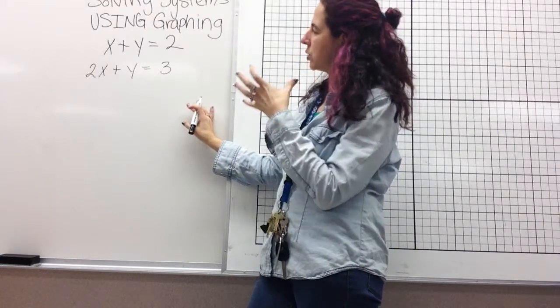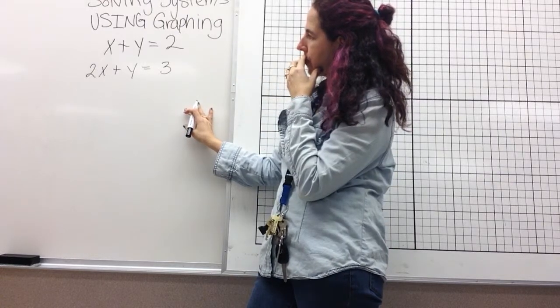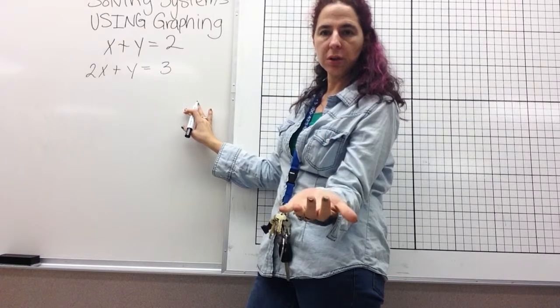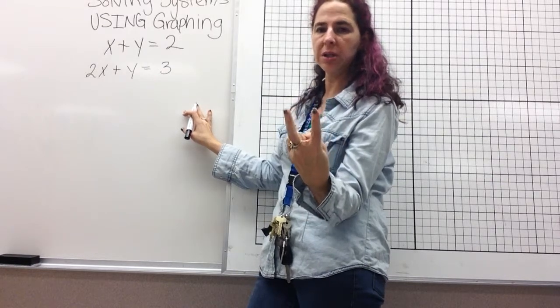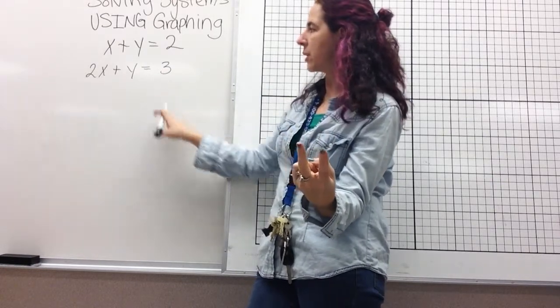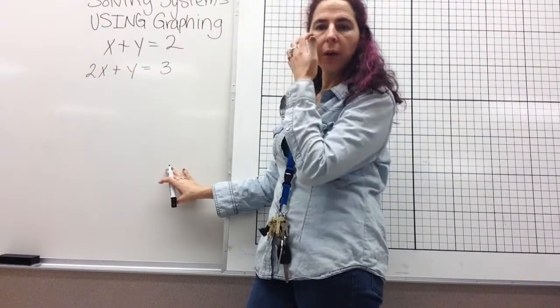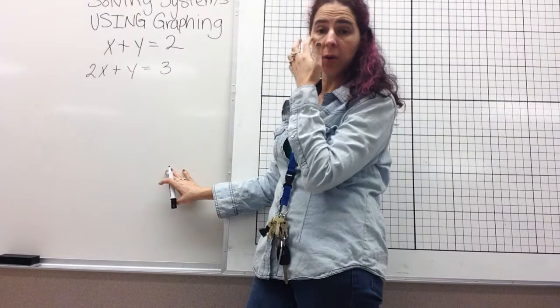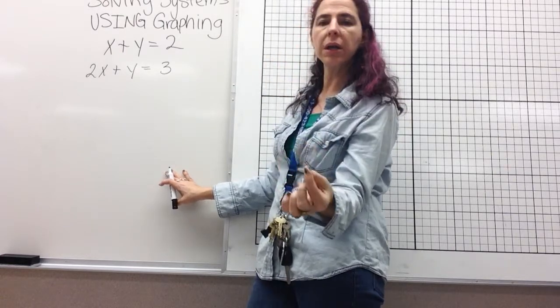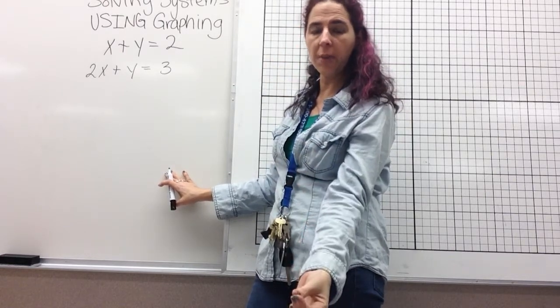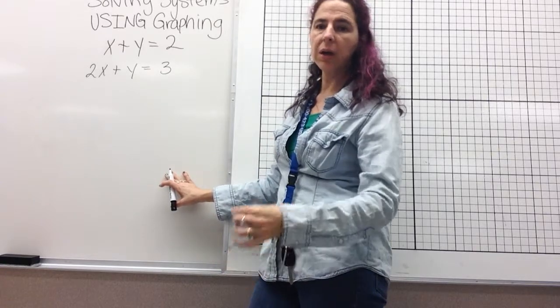So what are we going to do with these? We have two options. We can either change them into slope-intercept form and graph them there, or we can use a t-table. So I'm going to go ahead and change it into slope-intercept form, and then from there we can graph it.